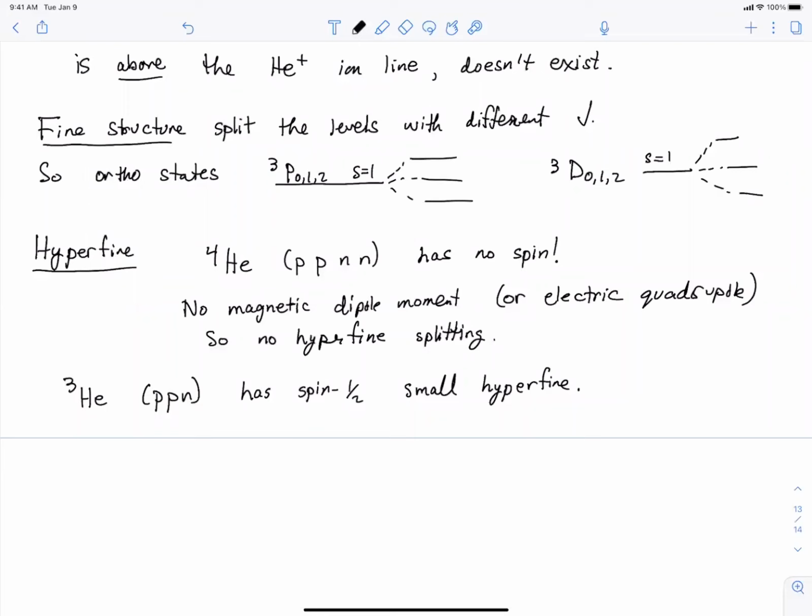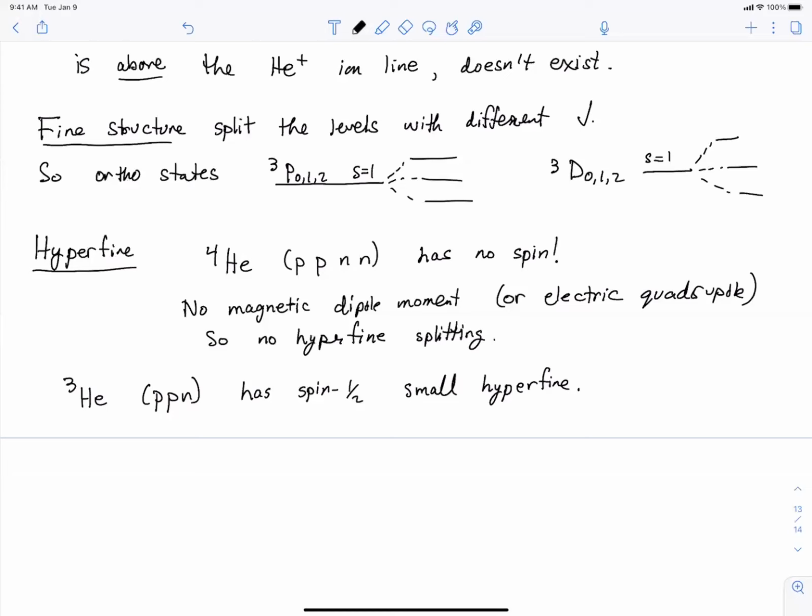I have another question. This last part here, could you explain that again? So it's hyperfine. You're saying if we don't have a spin, we don't have a magnetic moment, and there's no hyperfine splitting. Right. So let me get this all straight. This hyperfine went back to the electromagnetic interaction. The hyperfine is by definition the thing that arises from the nuclear spin and or the nuclear quadrupole moment.